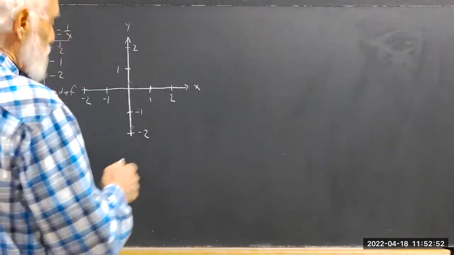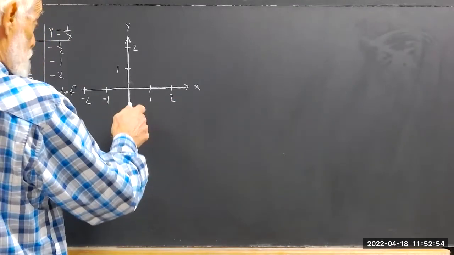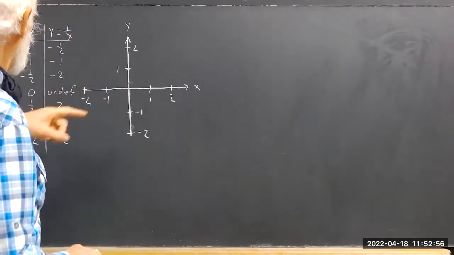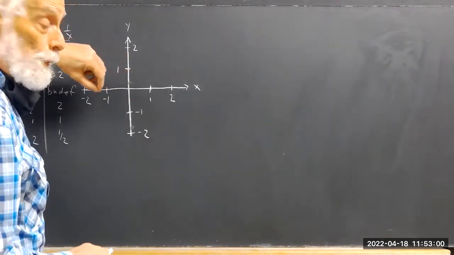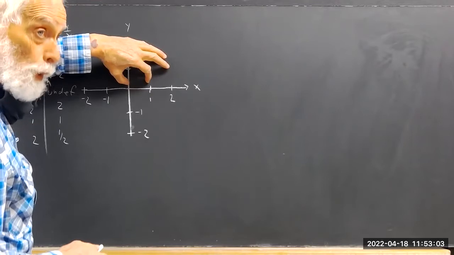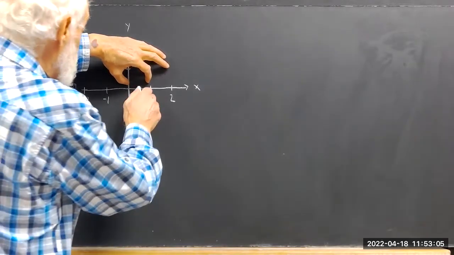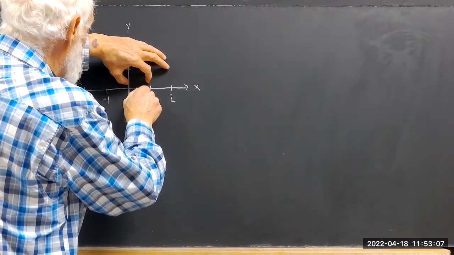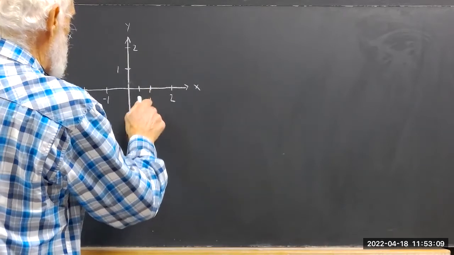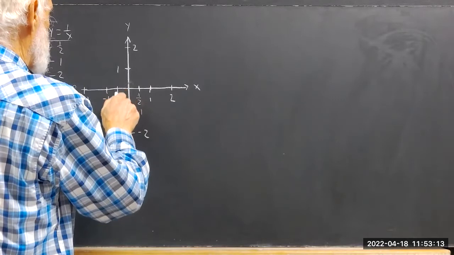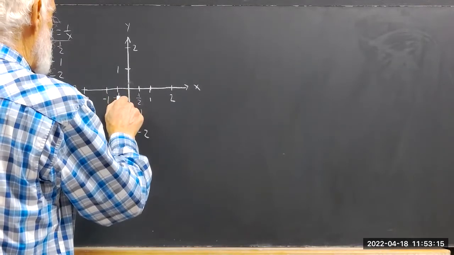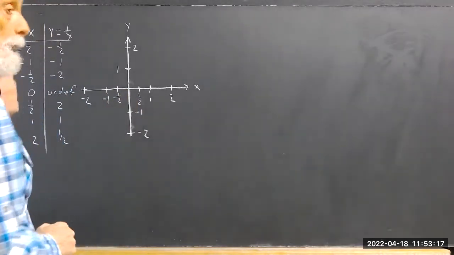Okay, so here we have our x values. We're trying to find where x equals, let's say, 1/2. Now, where's that going to be? Well, that's going to be halfway between 0 and 1, isn't it? Okay, so right here is 1/2. And here is negative 1/2, right?